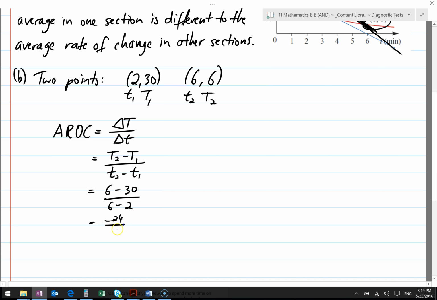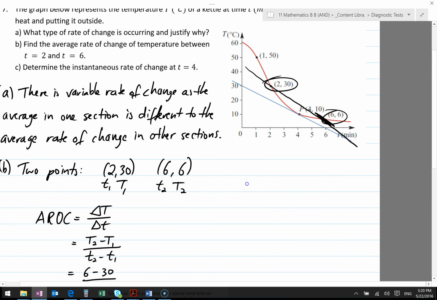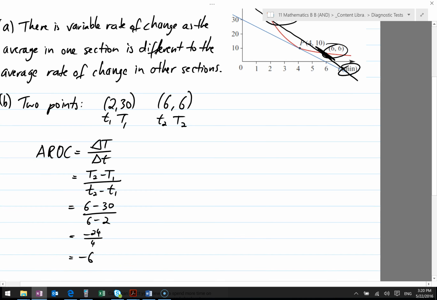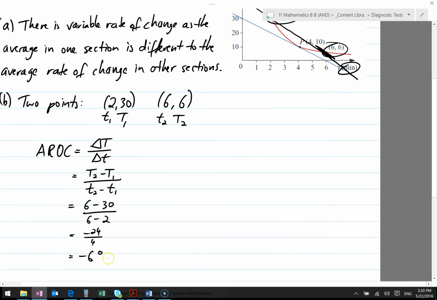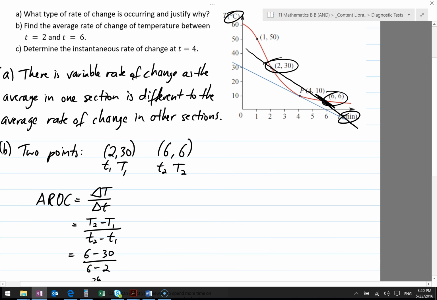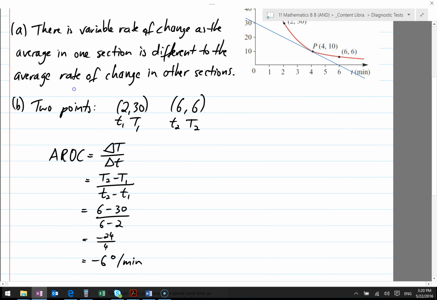Minus 24 on 4 equals minus 6. What are the units going to be? We just grab the units off both of these, so degrees and minutes. Degrees per minute. Does that make sense? Yeah, it's going downhill, and downhill means negative gradient. Sounds good. Minus 6 degrees per minute.